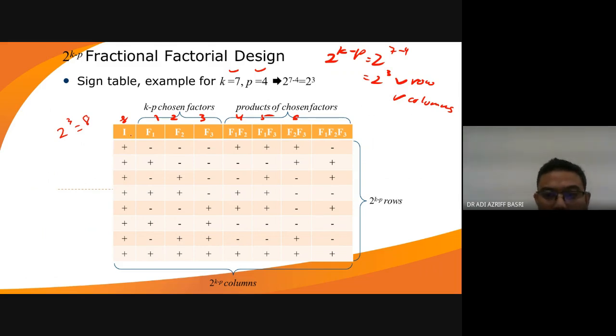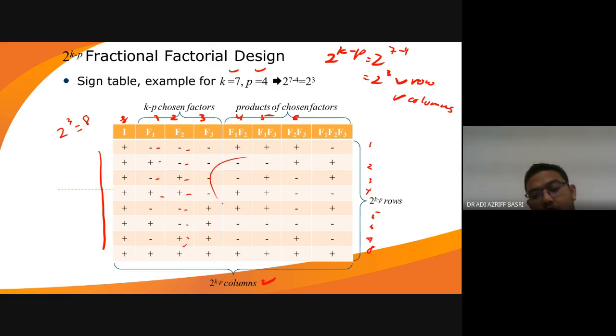In terms of rows, you have the same, 8 rows, 1 to 8. This is your I. For example, I starts with positive, positive, positive, everything positive. Then F1 is positive, negative, positive, negative, and so on. The second is positive, positive, negative, negative, and the rest is in the completed table.